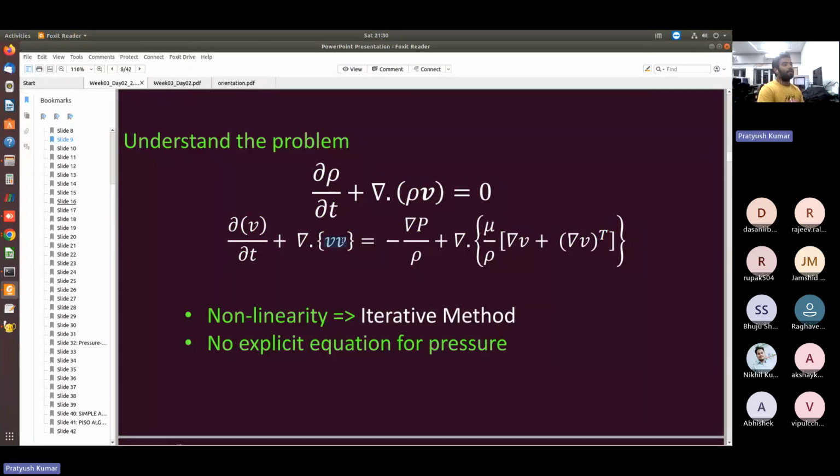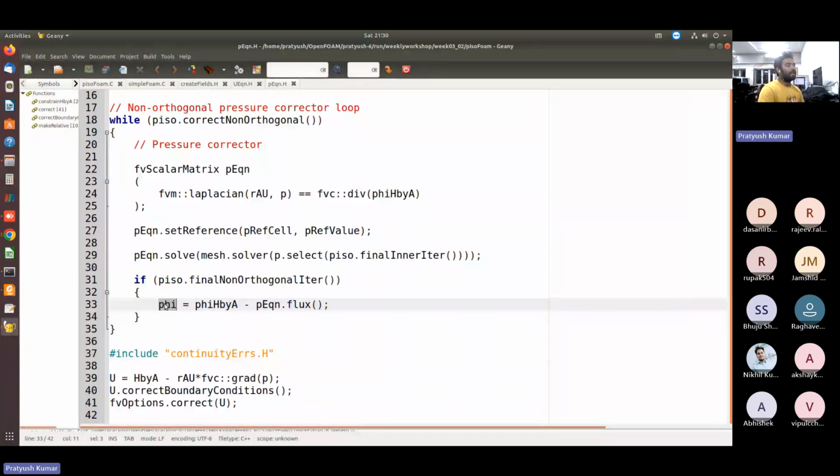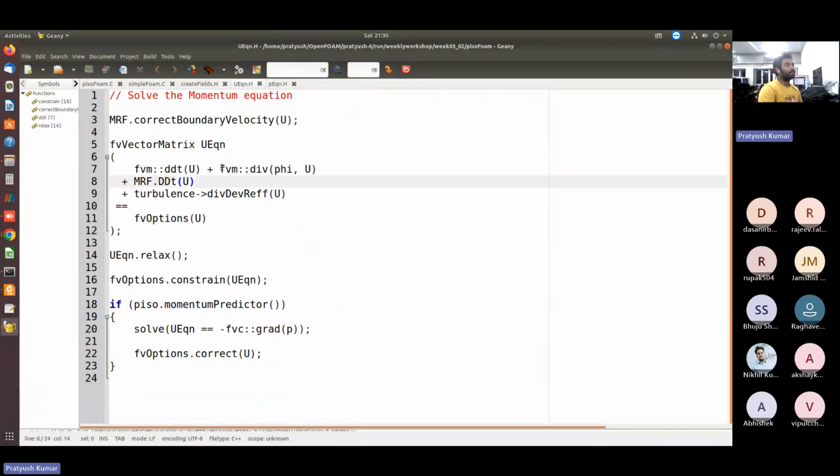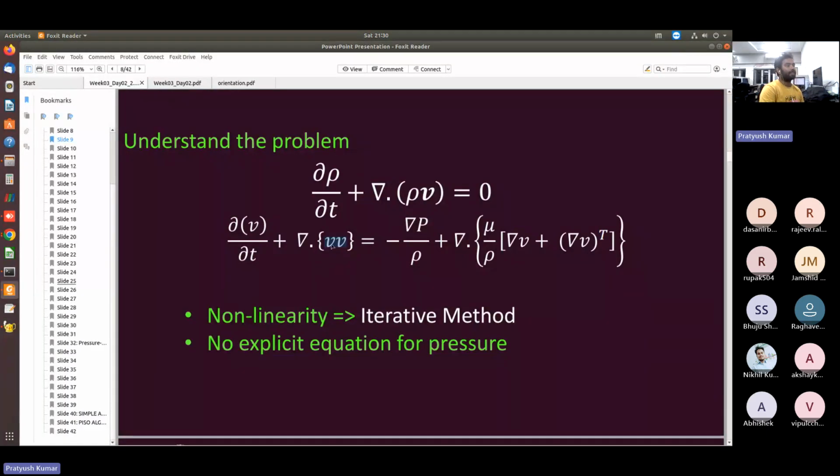This non-linearity has been avoided in OpenFOAM using this phi term. This phi is nothing but the velocity from the last iteration. So the velocity of the last iteration is known as the phi here, and it is similar to this term, the divergence of u into u.